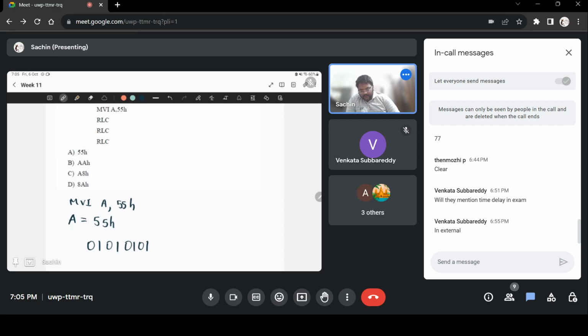So what is RLC? RLC is this operation. The accumulator has 8 bits, and the contents of the accumulator are circulated like this, and their last bit is also pushed to the carry flag.